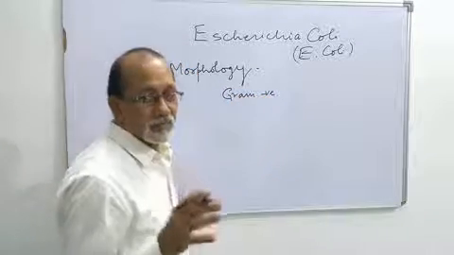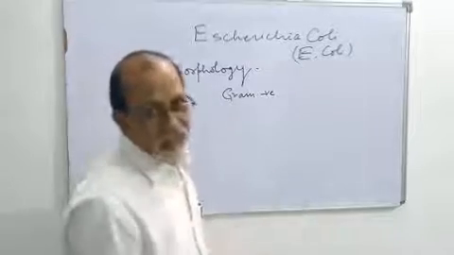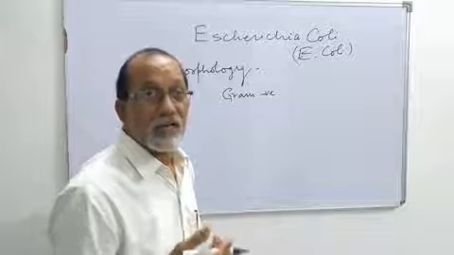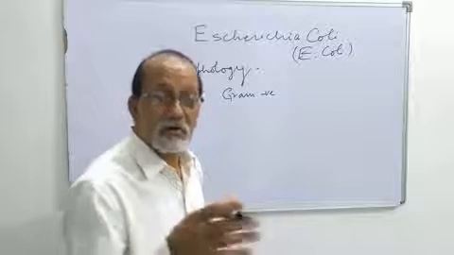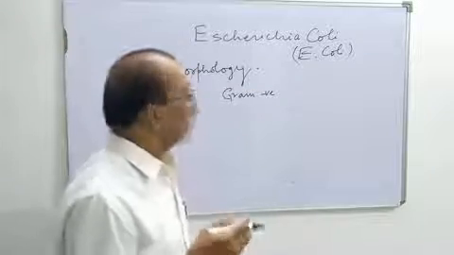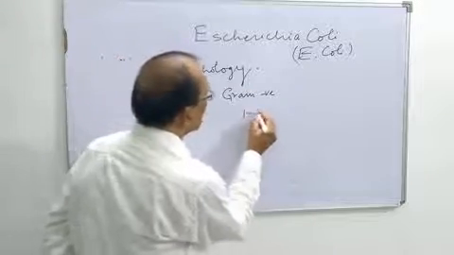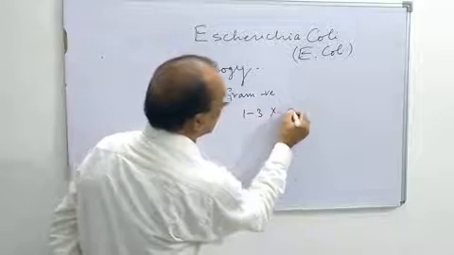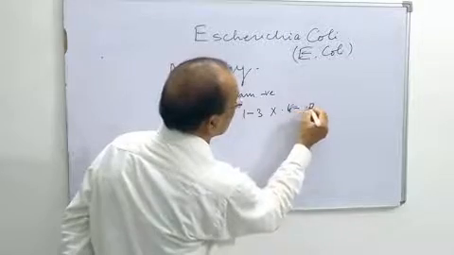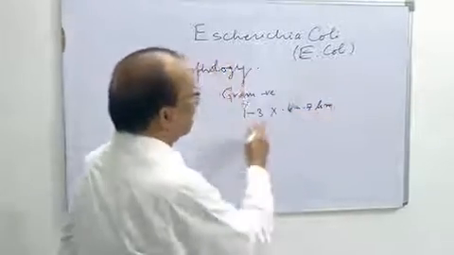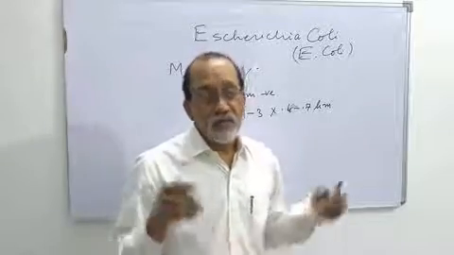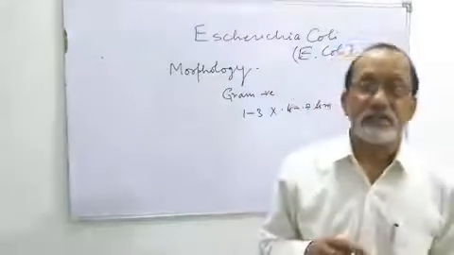We have studied gram positive bacilli earlier, and this is gram negative bacilli, straight rods, and they measure 1 to 3 into 0.4 to 0.7 micrometer, the length and width, and they are found arranged singly or in pairs.